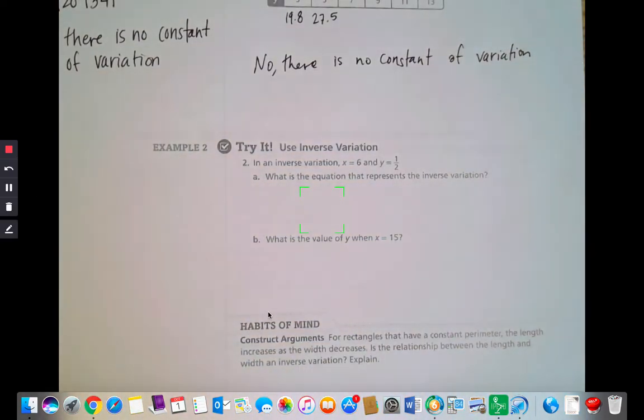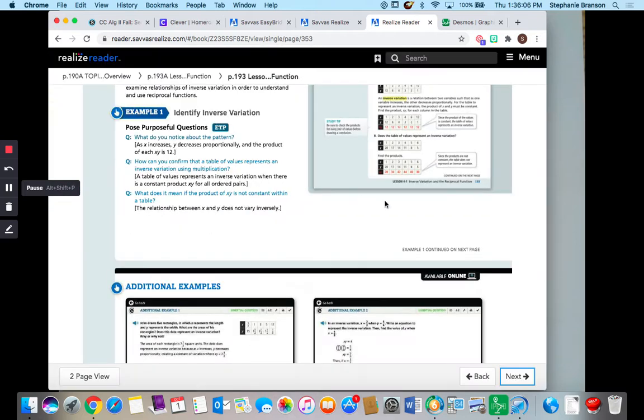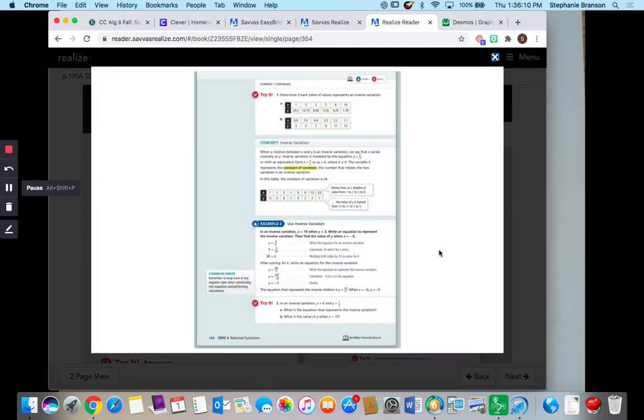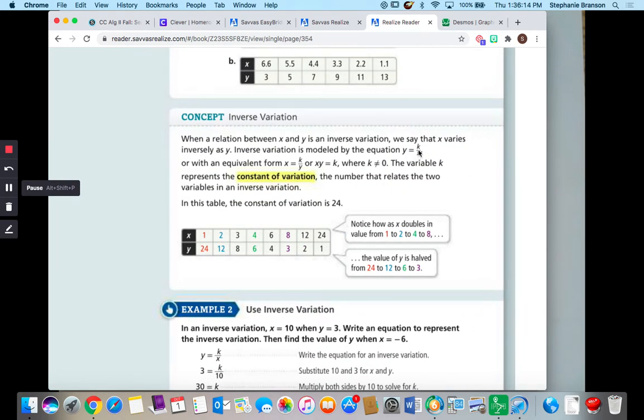Alright, now they want us to actually write an equation for our inverse variation, just given an x and a y value. But they tell you what those equations are, so they make it a bit easy for us. They give us 3 separate equations: y is equal to k over x, x is equal to k over y, or x times y is equal to k. So I'm going to write all those.